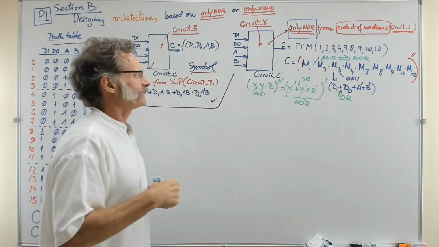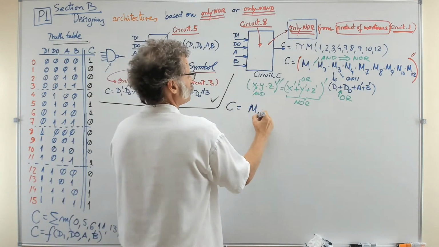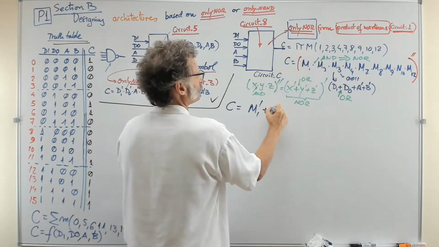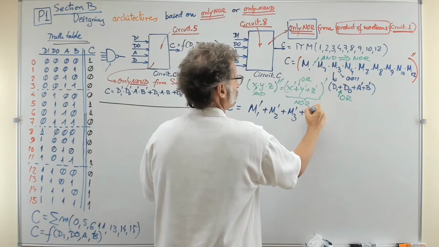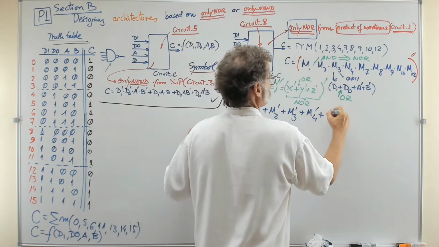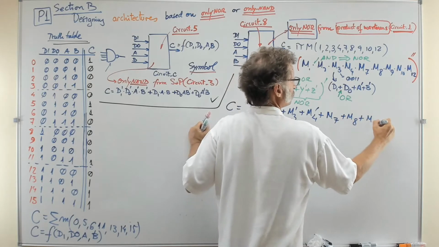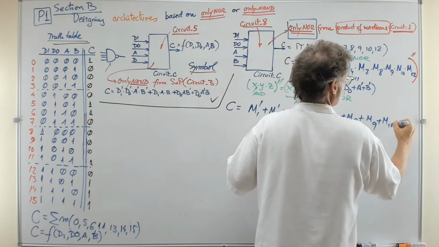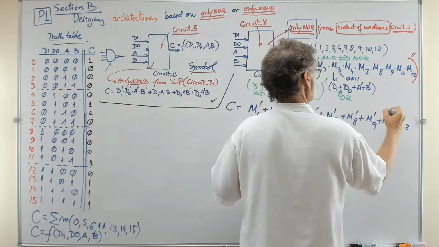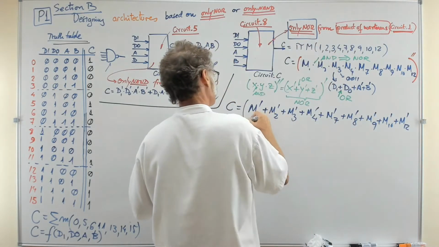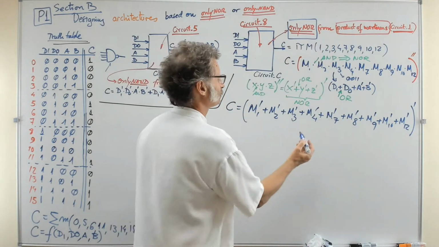And if you do that, you can start now rewriting the C function as M1 not or M2 not or M3 not or M4 not, M7, M8, M9, M10, and finally or M12 not, in every term, and the final not.